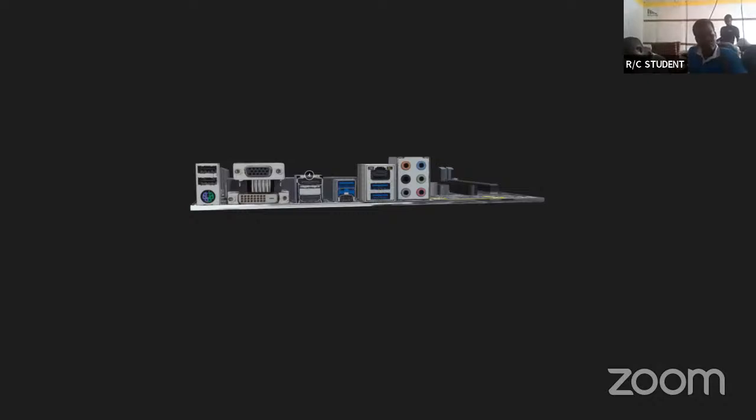So you are connecting the cable to what? The VGA port on the system unit, right?